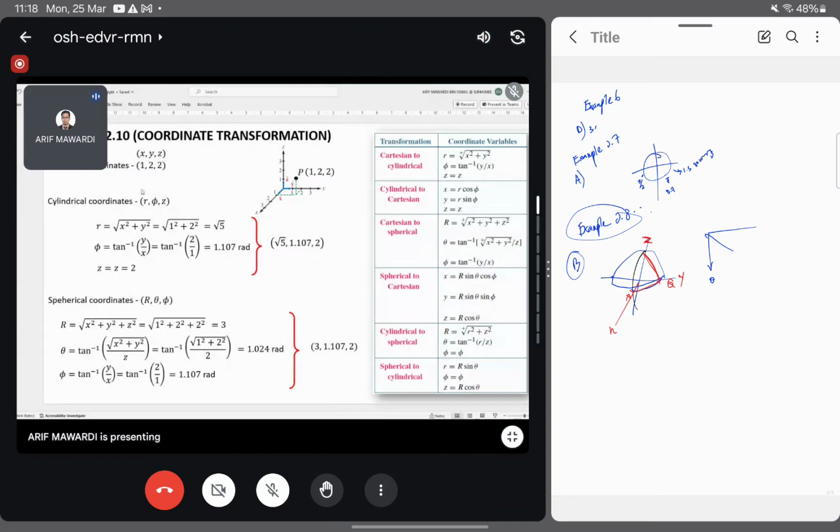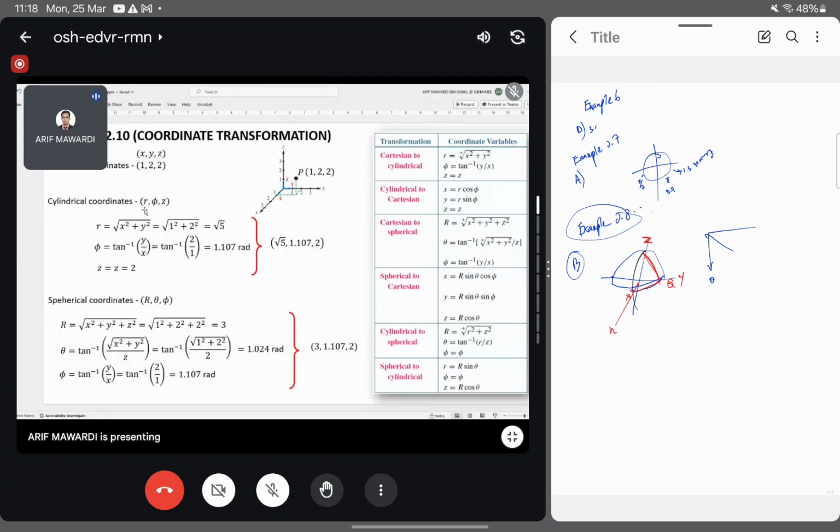Okay, so in the cylindrical coordinate system, the coordinate variables are r, phi, and z. We are given the coordinates in the Cartesian coordinate system, x, y, and z. So we want to express the same point in the cylindrical coordinate system. Therefore, we need to know this r, phi, and z.